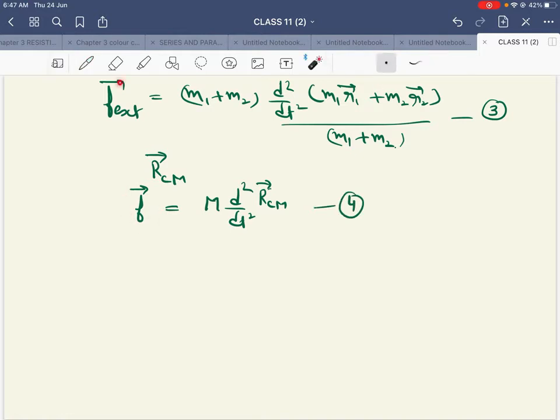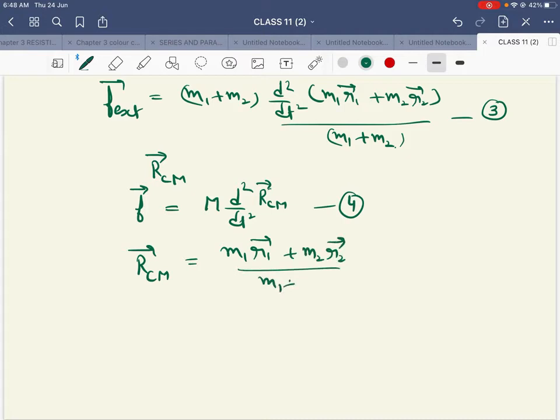This represents force, that is also force. This is total mass, this is also total mass. d square upon dt square, d square upon dt square. So this r center of mass must be equal to this. So on comparing, we get r is equal to m1 r1 plus m2 r2 divided by m1 plus m2.